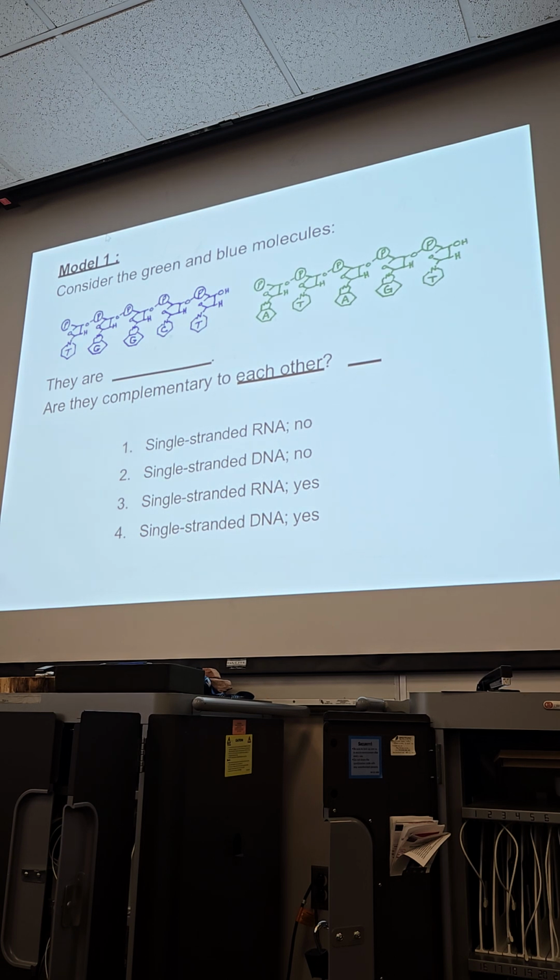No, because if you flip them, you have to go in anti-parallel. This is 5 prime. This is 5 prime. So therefore, that has to be bound to there. So it's T to T. So that cannot work. So it's not complementary to each other. So DNA and non-complementary, what are these things called? These are called primers. What do primers do?